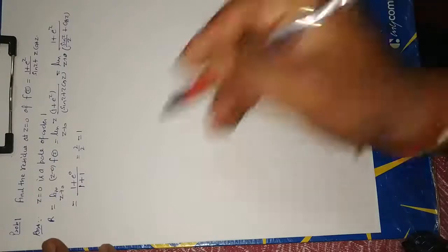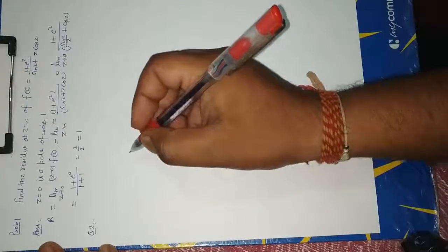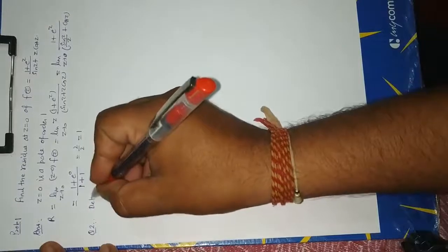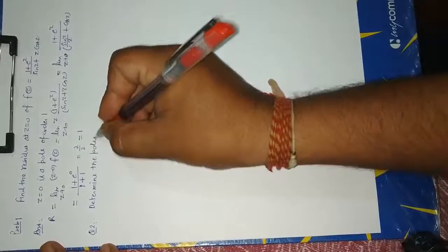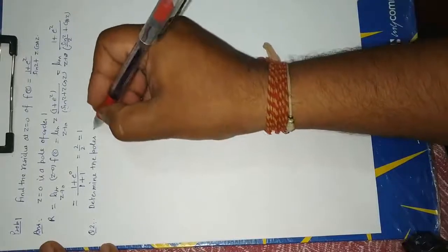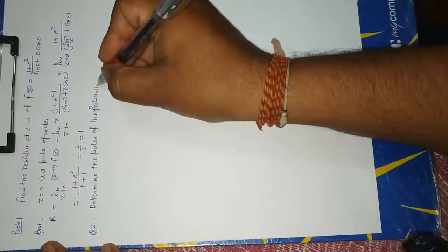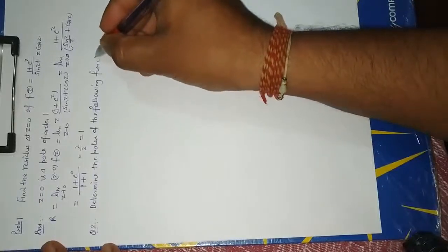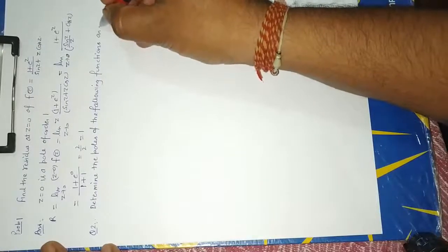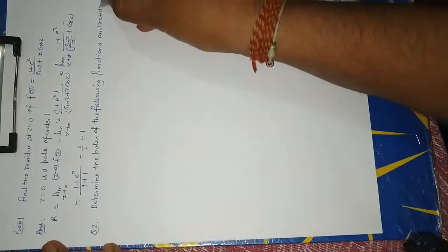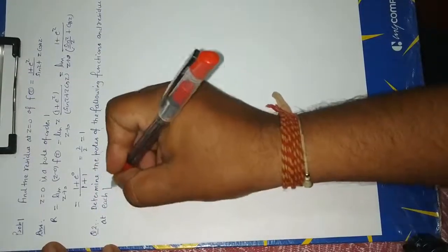Now next question. Question number 2: Determine the poles of the following functions and the residue at each pole.